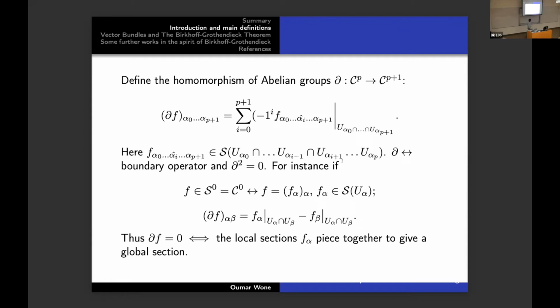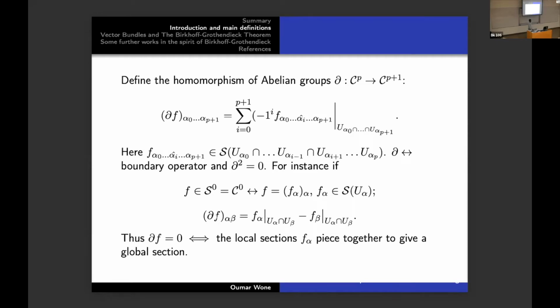So let us see how this works. For instance, if we take an element of S0, which is C0, it is a family of elements. So we have f equals f_alpha indexed by alpha, and every f_alpha has to be in S(U_alpha).